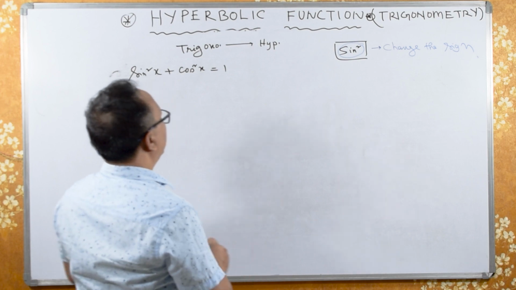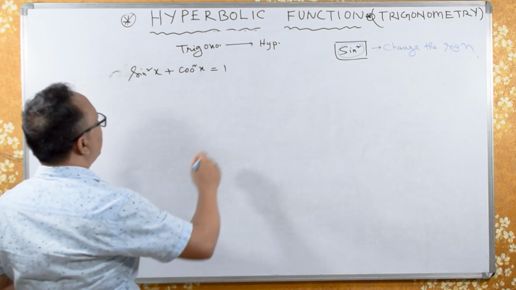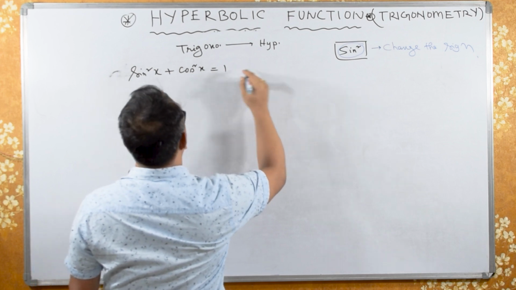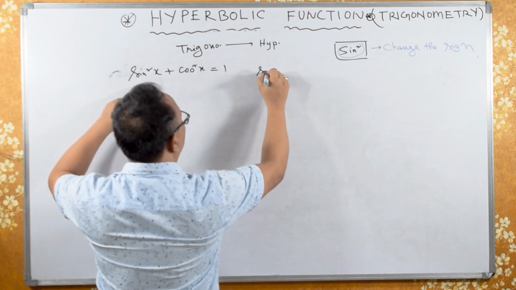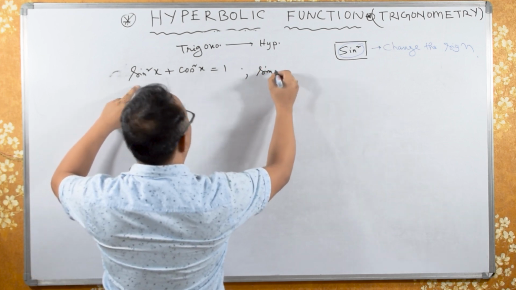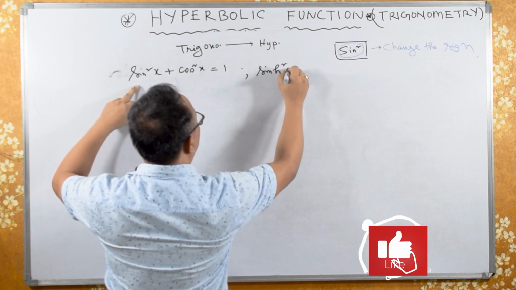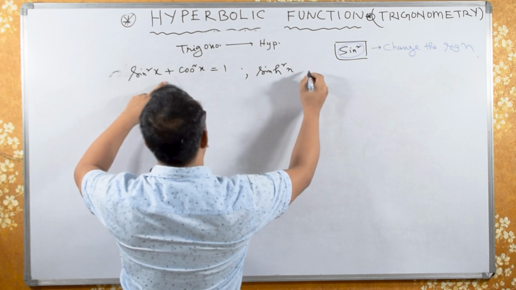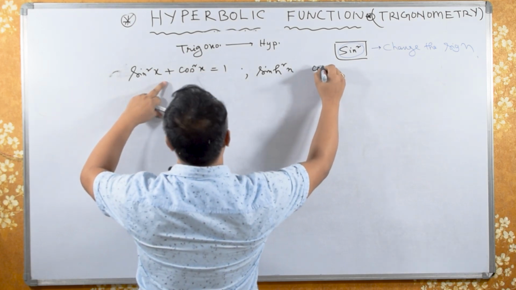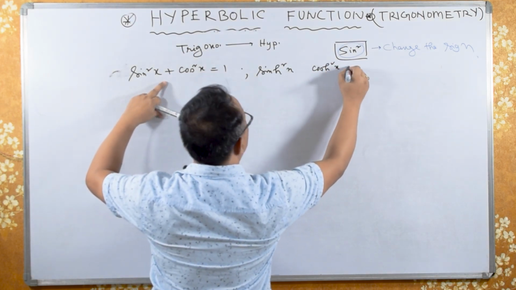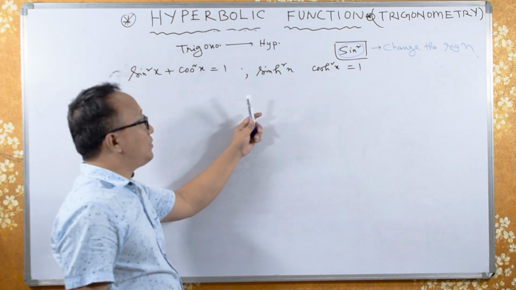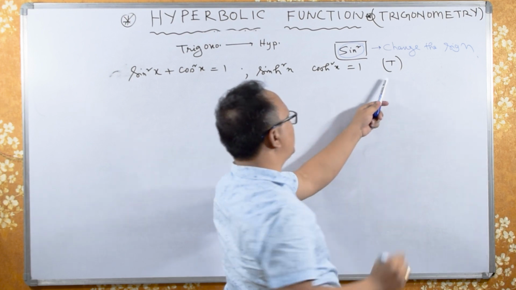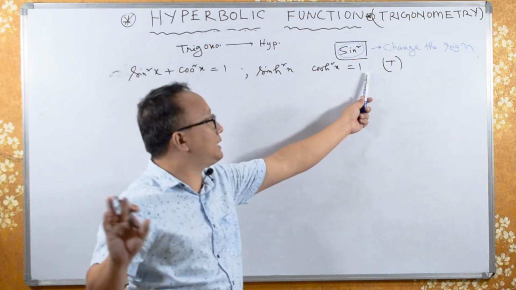Let's see. In this one, just keep it as it is. Sine hyperbolic square x, keep signs aside. Cos hyperbolic square x is equal to 1. Here you have to change the sign only for trigonometric functions; since the constant is a constant, it doesn't have any change.